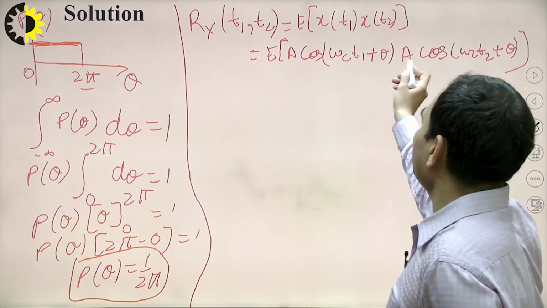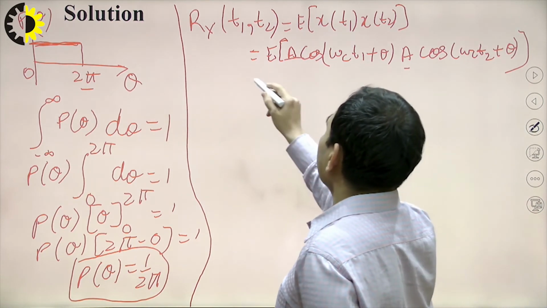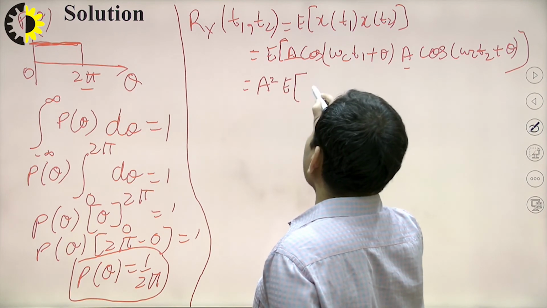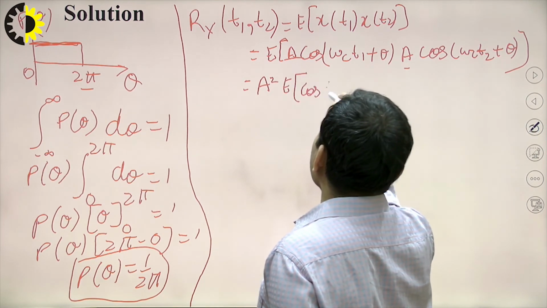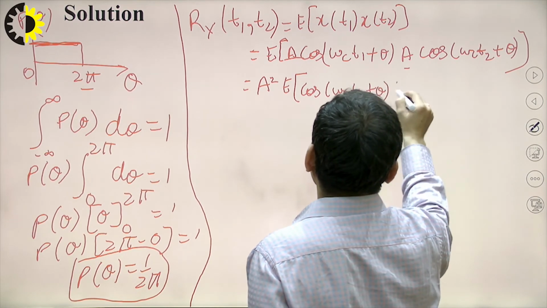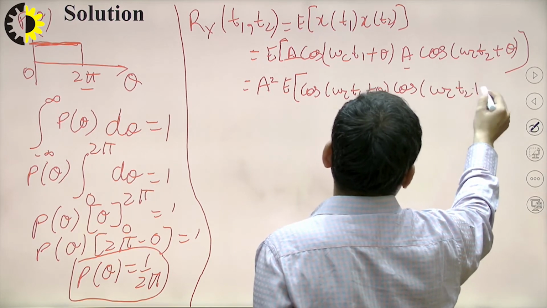Here A is a constant, so we can take it outside, and it becomes A squared times the expectation of cos(omega_c t1 + theta) cos(omega_c t2 + theta).